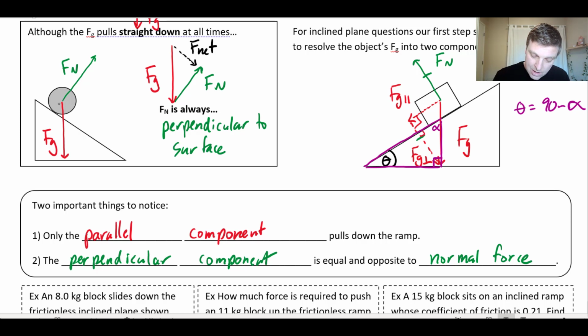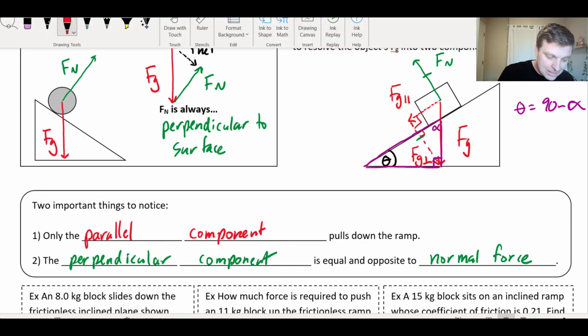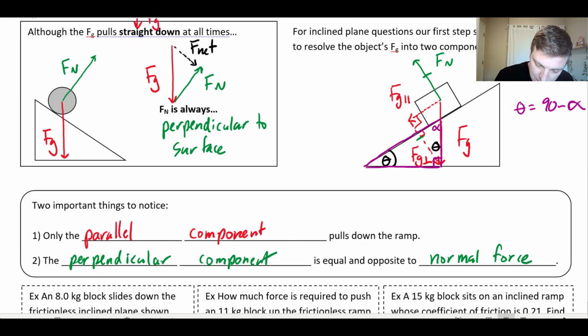So there's a right angle there, which means the angle down at the bottom of my diagram must be theta. You can use geometry to work out a bunch of different proofs, but just recognize that if I draw the diagram like this, with my parallel component first and then my perpendicular component, this bottom angle of the triangle is going to be equal to the slope of the incline.